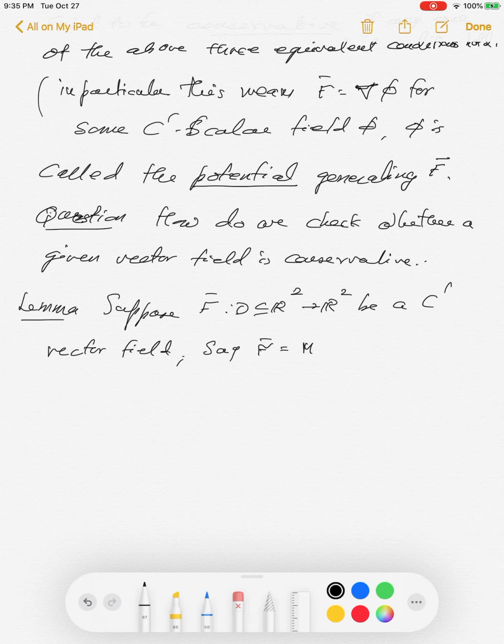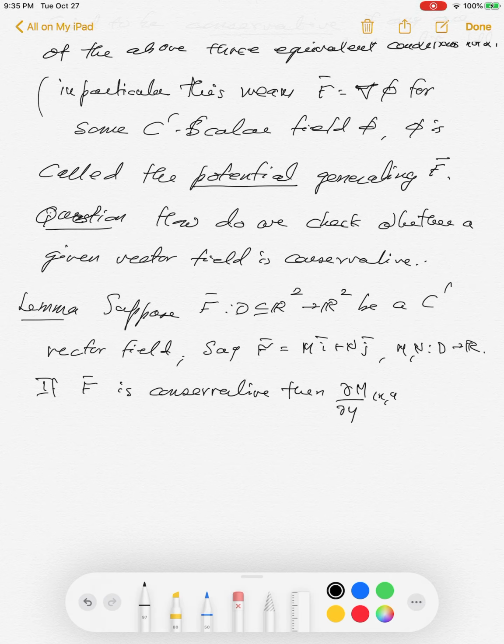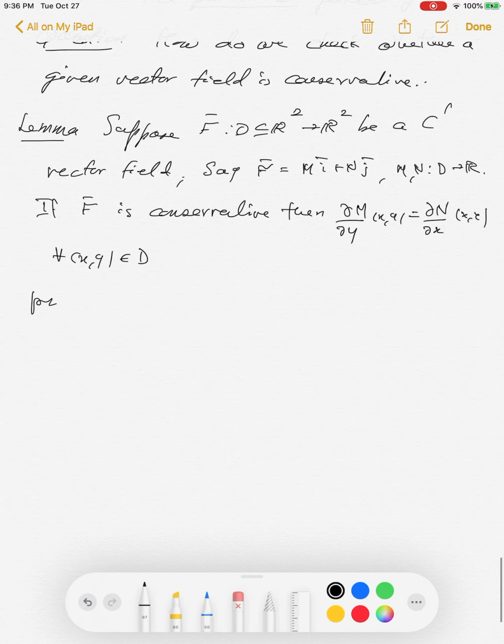So let's take a vector field, say F bar is M i bar plus N j bar. M and N are functions from D to R. And if F bar is conservative, then the partial of M with respect to y at any point (x,y) must be the partial of N with respect to x for all (x,y) in D.